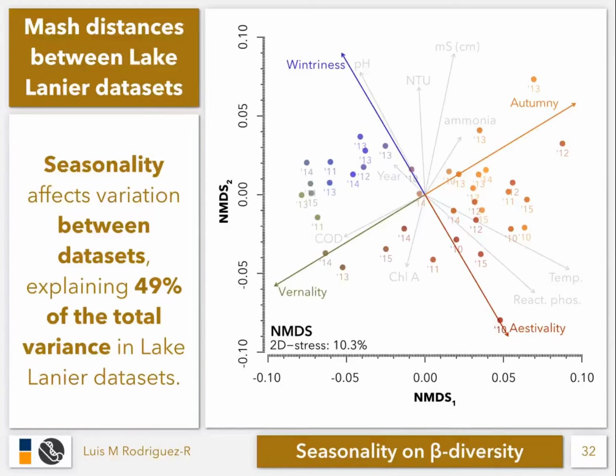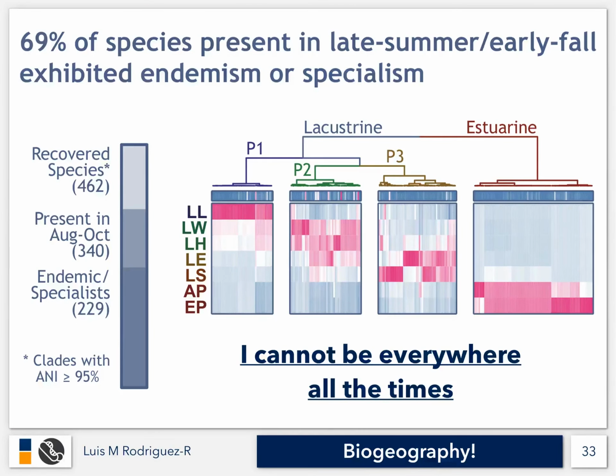Seasonality determines very strongly what kind of communities get to grow in a given lake. We know that lakes have this cyclic process, and they are very seasonal. And seasonality only explains 49% of the total variance. So that means that biogeography is almost as strong as seasonality, even though seasonality is the best known factor in community assembly that we know of in lakes.